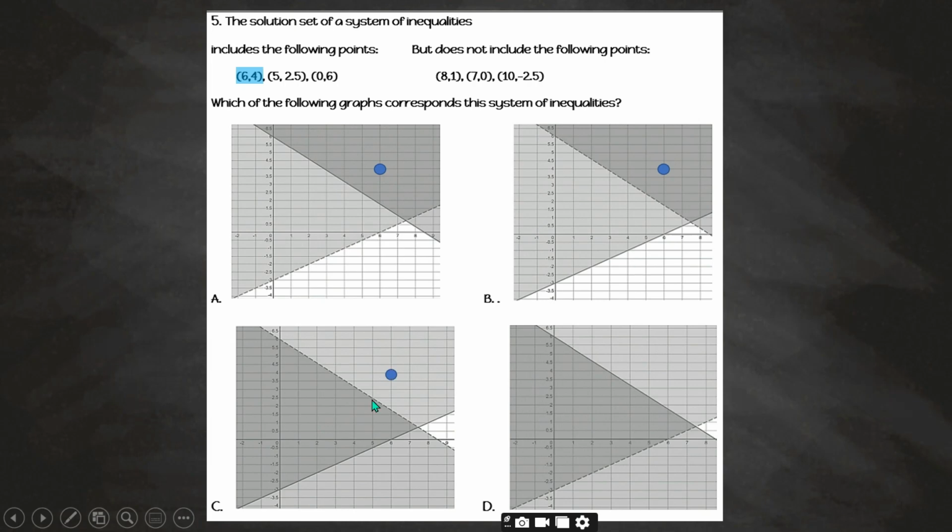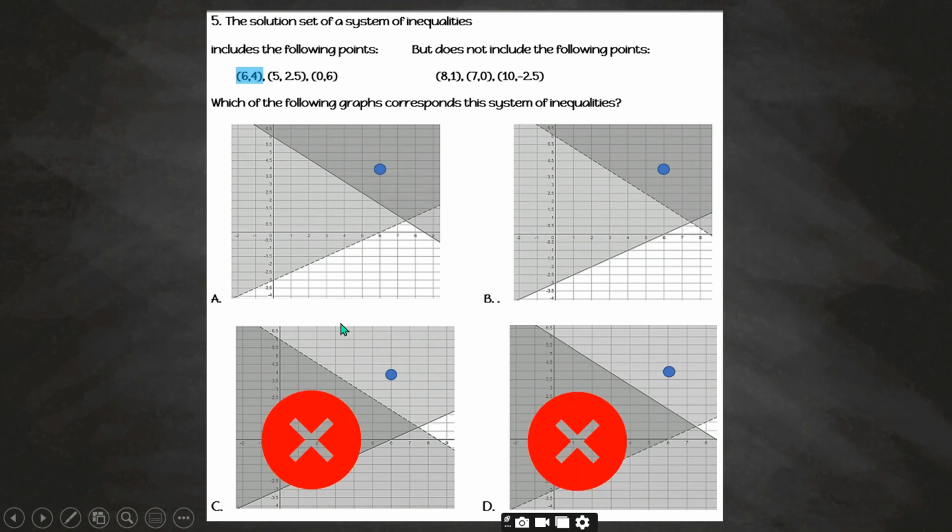This one does not fall in the darkest region, so I can actually eliminate option C and I can eliminate option D, because when I plotted that first point, it was not in the darkest shaded region, so I knew that it was not a solution to the system.